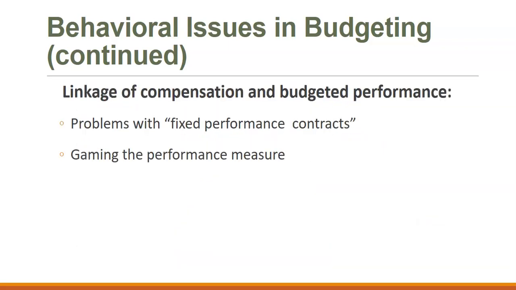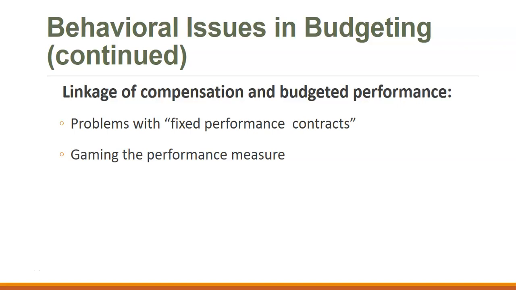Additional behavioral issues in budgeting arise if we link the compensation of our managers to budget performance. Then managers will try to game the system or find ways to hit their budget by creating budgetary slack, or committing fraud, or smoothing their income and costs in order to make their goals easier.